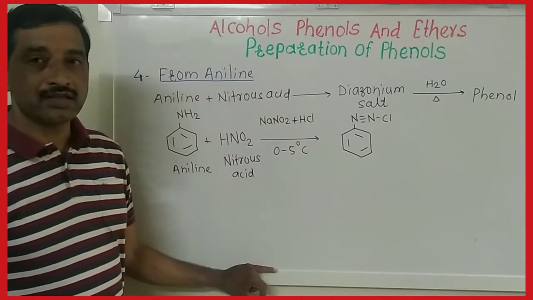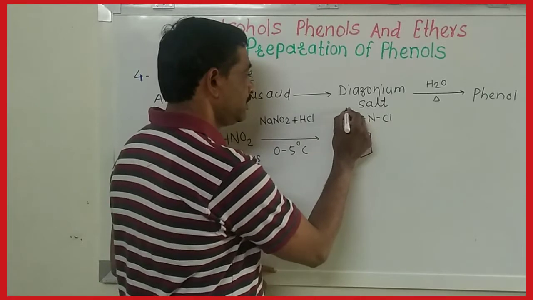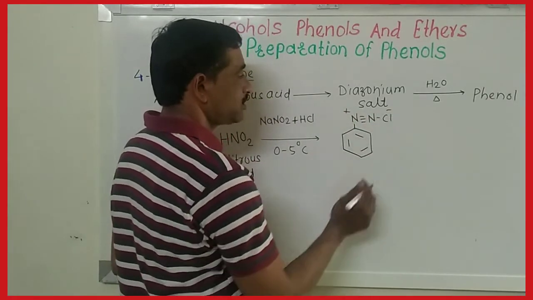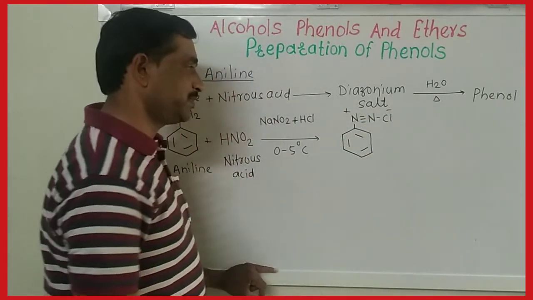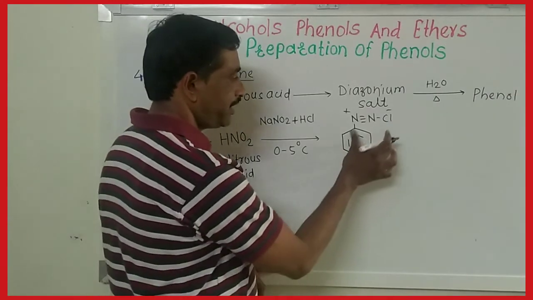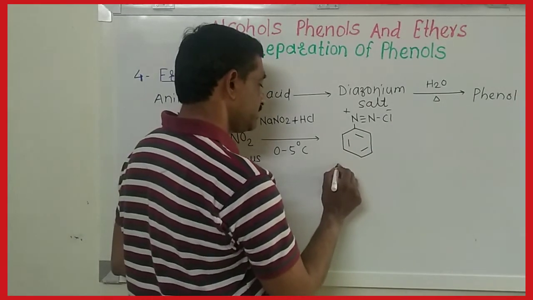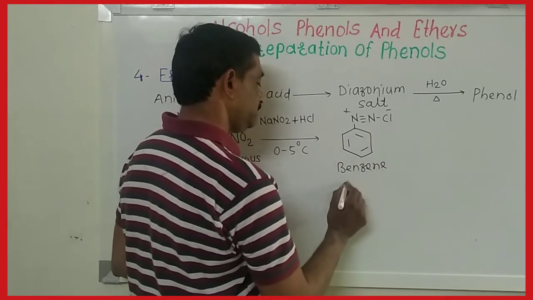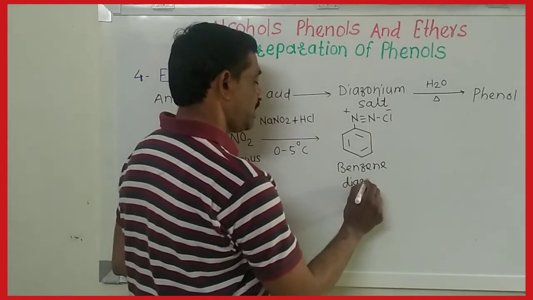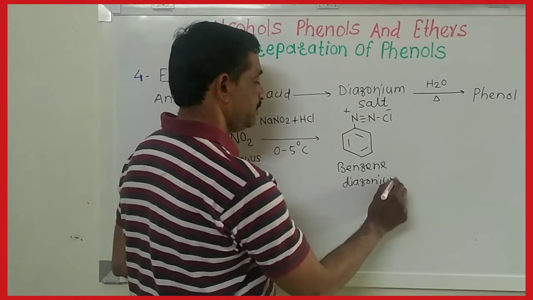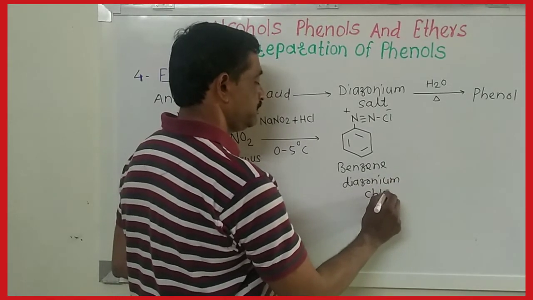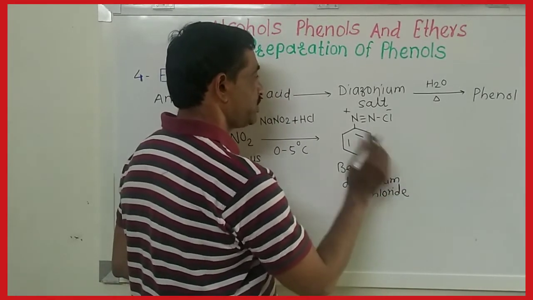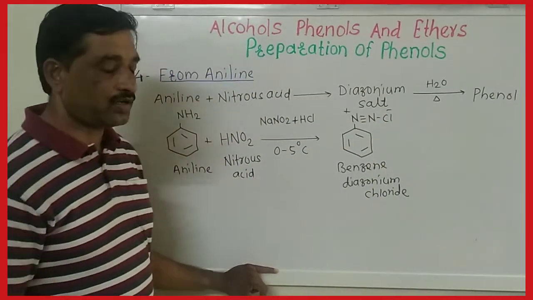It also has plus and minus charges, so it is an organic salt. So it is called benzene diazonium chloride, and in short it is known as diazonium salt.